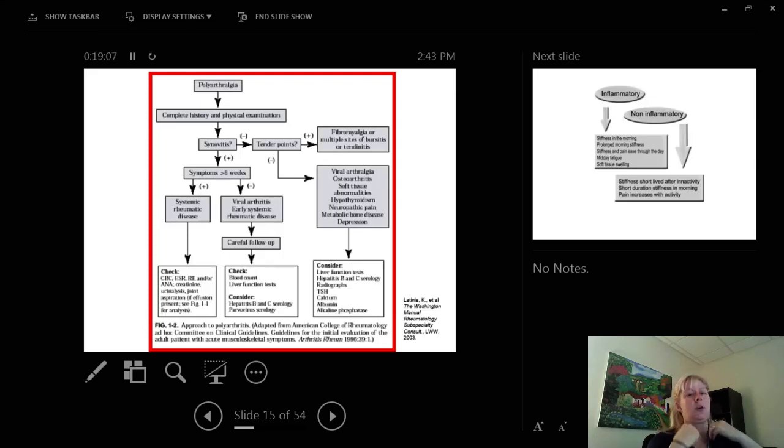Or you're touching their greater trochanter area, and they're saying, ow. Then you're thinking, do they have some bursitis? Do they have some tendinitis or fibromyalgia? So when we go further in the slides, I'm going to show you the tender points for fibromyalgia, but there are specific tender points for that. When you're thinking greater trochanter, bursitis is very common in that area.